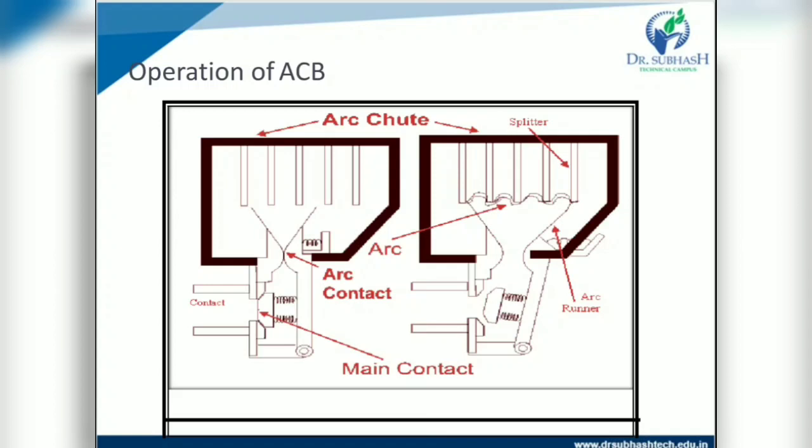The purpose of the arc chute: the normal arrangement of an air circuit breaker is employed for low and medium voltage circuits. There are two sets of contacts called the main contact and the arcing or auxiliary contact. Main contacts are usually of copper and conduct the current in the closed position of the breaker. They have low contact resistance and are made from silver plated material.